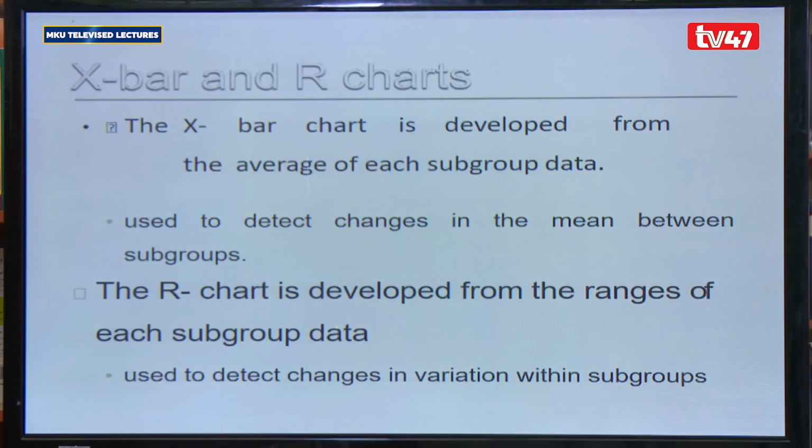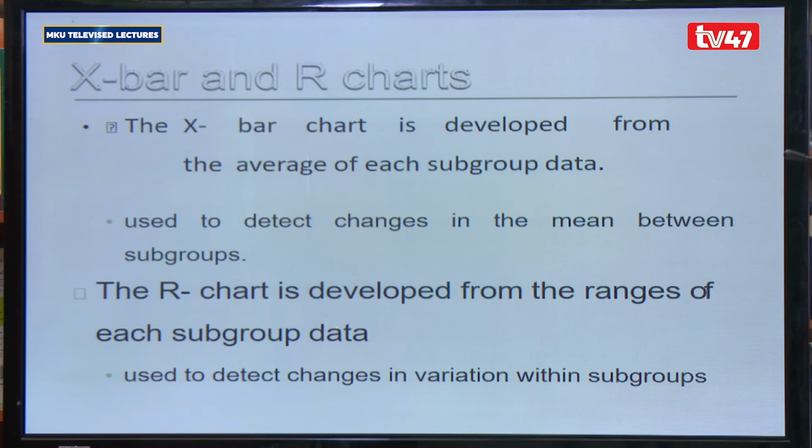So when we use the R chart and X bar chart, they can be used to detect changes in the mean between groups. We've said that the R chart plots the range or the difference.